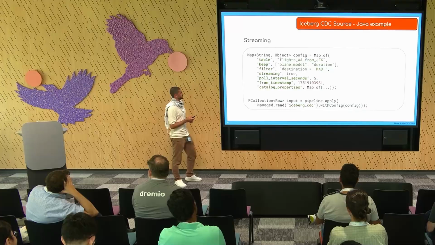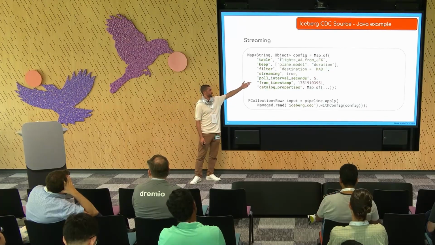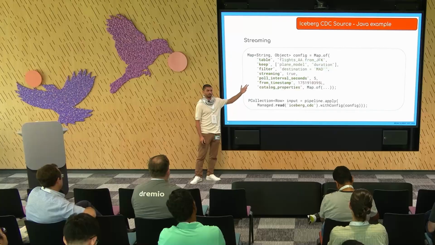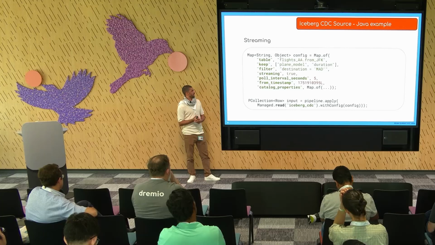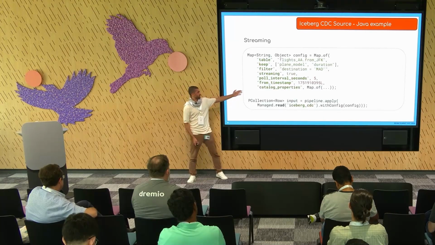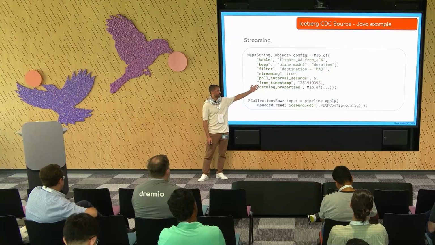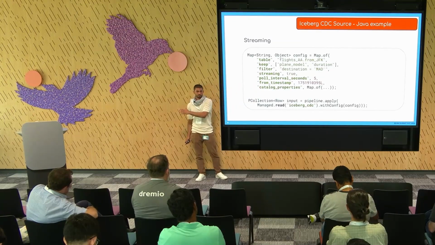For streaming, you just have to set streaming to true, and then optionally give it a poll interval at which it will perform a table load, table scan. The default is 1 minute, but you can change it however you want. And for this streaming example, we're telling it to read from this timestamp, which was yesterday morning, and it will continuously read forever from that point on.